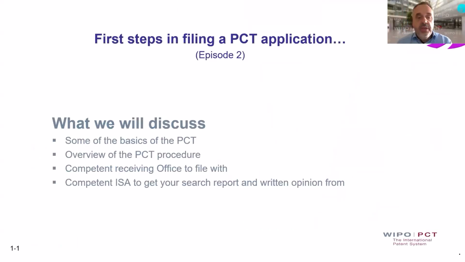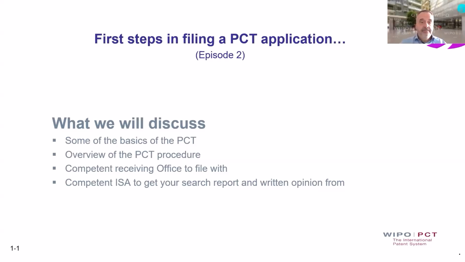I want to go into some of the basics of the PCT, give you a good overview of the PCT procedure, and discuss where you need to file your PCT applications, which are the offices competent to receive your applications, and then depending on that choice, which international searching authorities, or ISAs as we usually refer to them, would then be competent to do the search for you and issue what's called a search report and the written opinion.